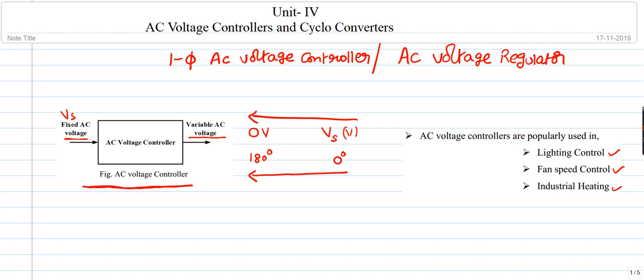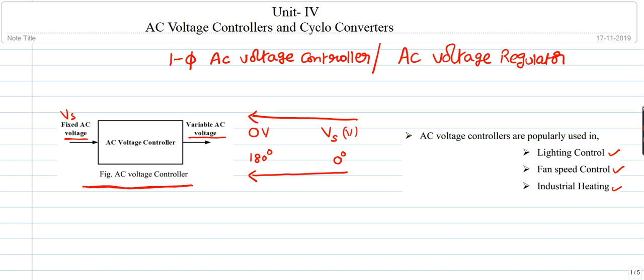And the second one is fan speed control. So usually in the household applications, a single phase induction motor is used for the fans. So by changing the voltage level for this induction motor, there will be a change in your speed. So by using a single phase AC voltage controller, the input voltage to the induction motor will be controlled so that the speed also will be controlled.